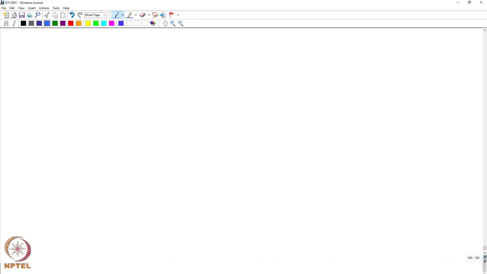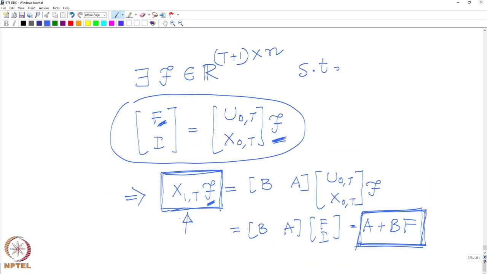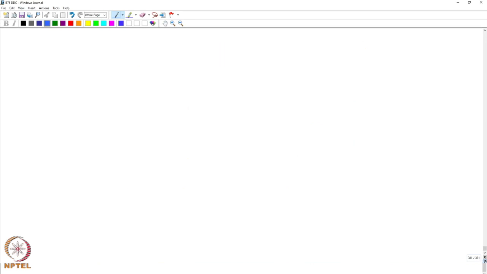In terms of the data, A plus BF is given by X1T times this matrix F, which is unknown to us. So let me rewrite that: X1T F P F transpose X1T transpose minus P must be less than or equal to 0 then.